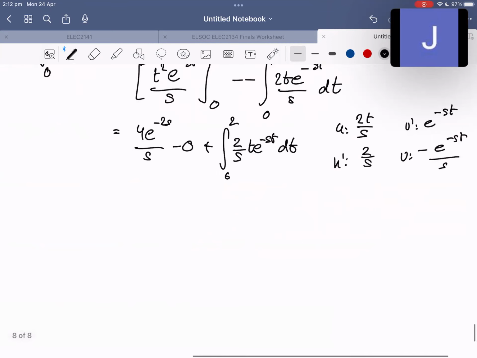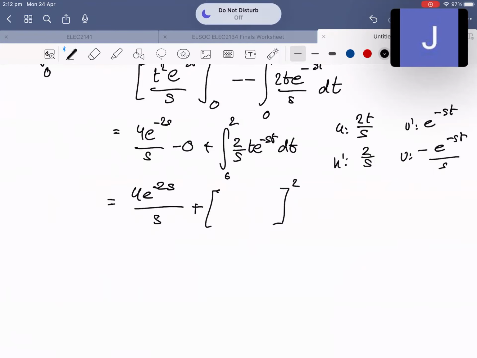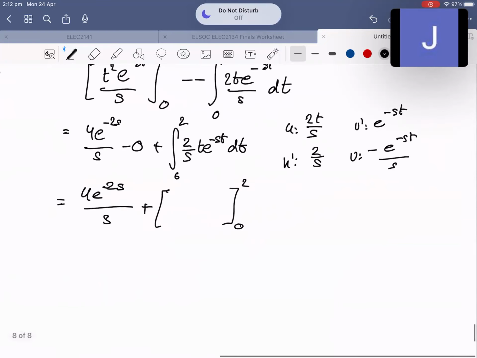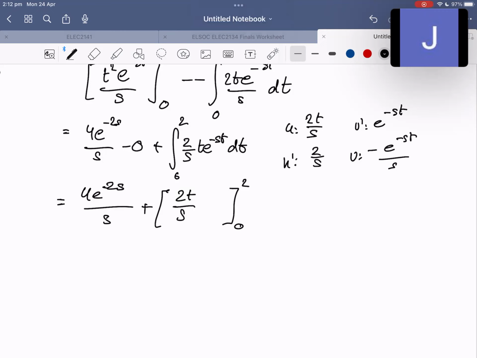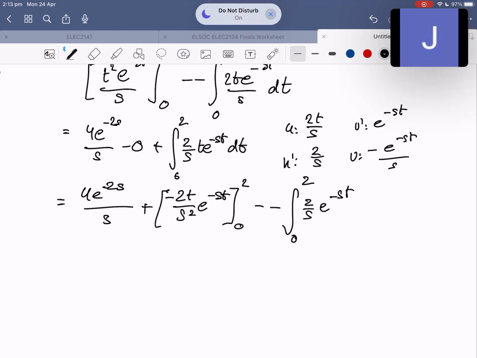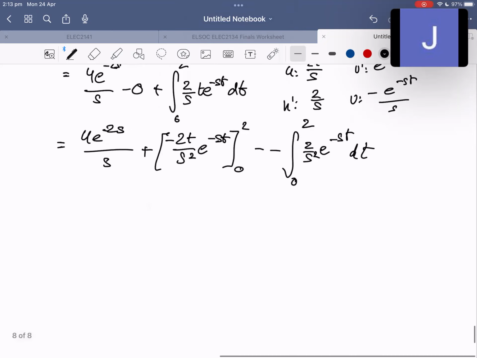So moving forward, I have 4e to the minus 2s over s plus, inside the square brackets, 2t on s squared e to the minus st, with a minus in front of that, and then minus the integral between 2 and 0 of minus 2 on s, e to the minus st over s, so squared. I'll go ahead and evaluate this.